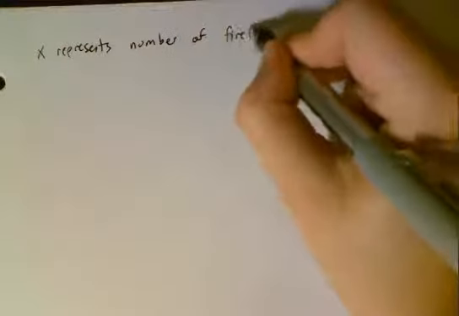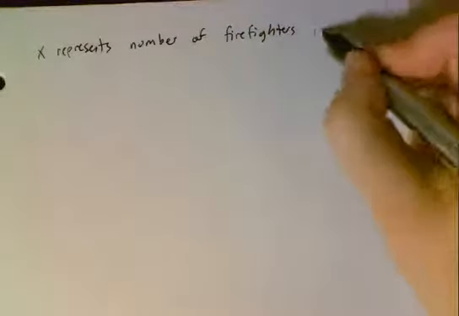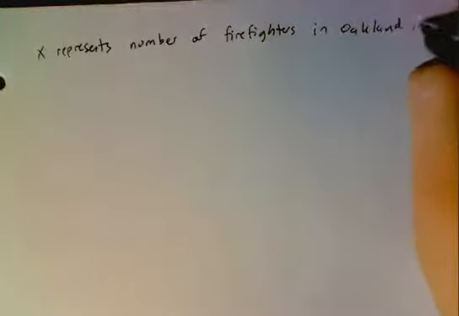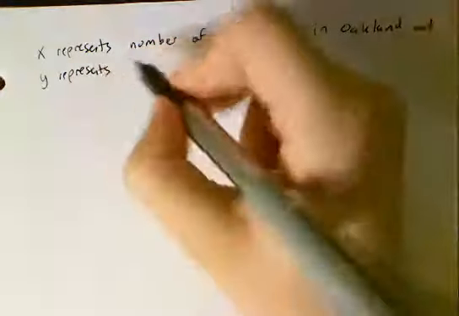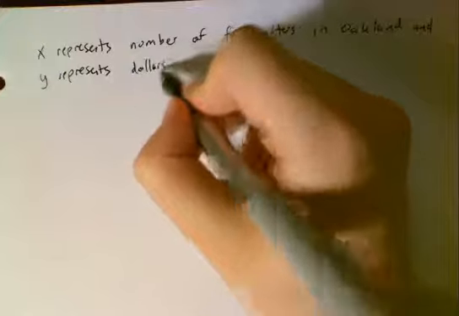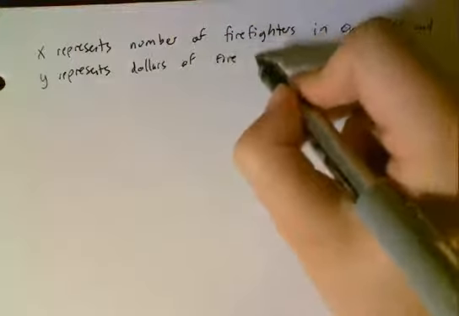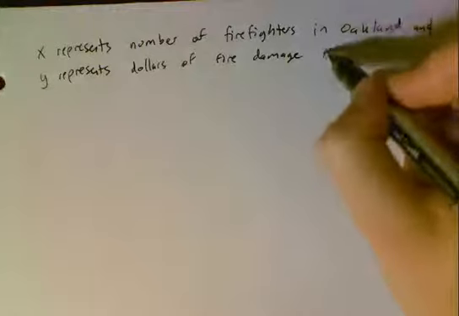So let's look at a couple more interpretations. X represents number of firefighters in Oakland, and Y represents dollars of fire damage per year.